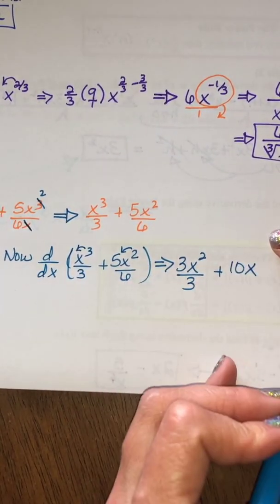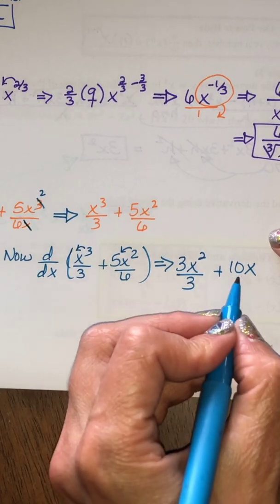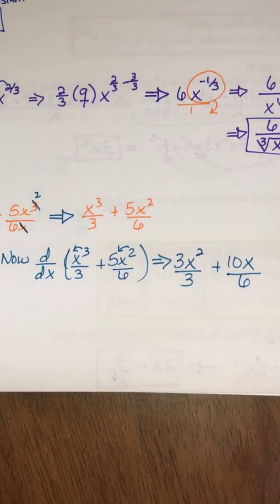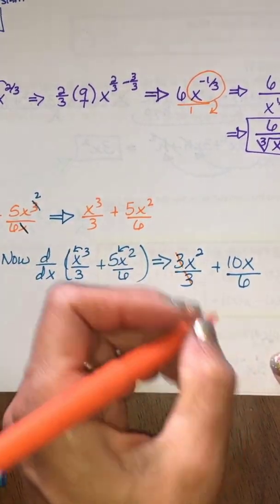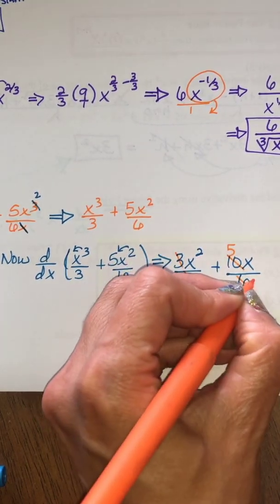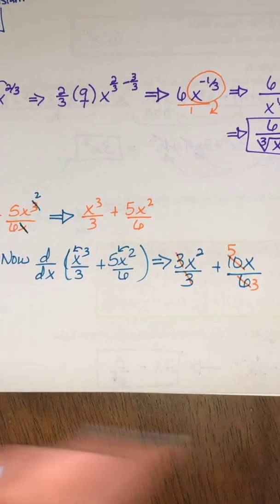X to the first now, because we're going to take it down a notch, take it down a degree, all over 6. And we can reduce that. See, the 3's cancel. And let's see, 2 goes into 10 5 times, 2 goes into 6 3 times.